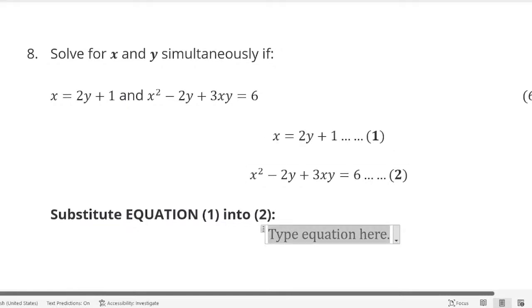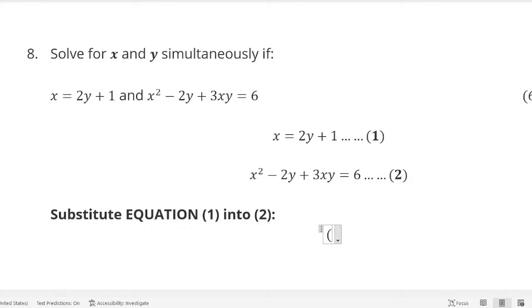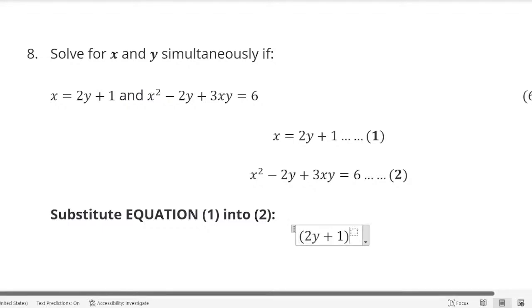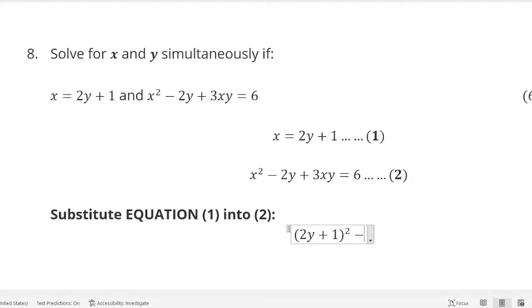So here we have 2y plus 1 all squared, minus 2y, plus 3y into 2y plus 1, I hope you're following, is equal to 6, right?